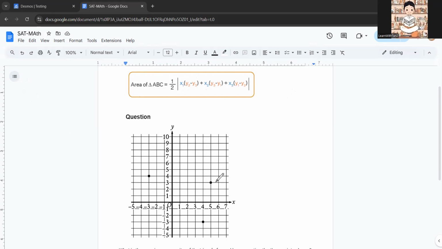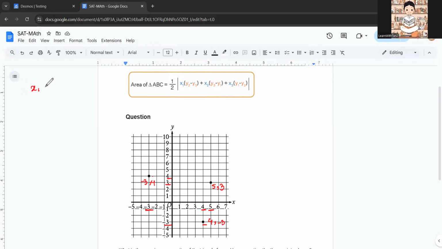Now, let us identify the coordinates. The coordinate for this point is 5, 3. So 5, 3 is the coordinate here. For this point, the coordinate is negative 3 and 4. And for this one here, the coordinates are 4 and negative 3.